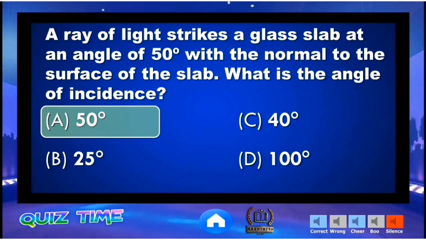Remember that. The light ray strikes the glass slab at the normal, okay, at 50 degree. So if it strikes the surface, then the angle of incidence would be 40 degree. But here it strikes with the normal, so the angle of incidence will be 50 degree itself. Because I have already explained that when a light ray strikes the normal, the ray does not deviate.